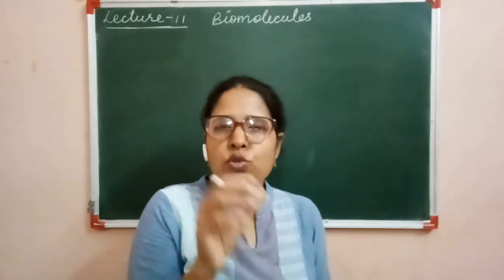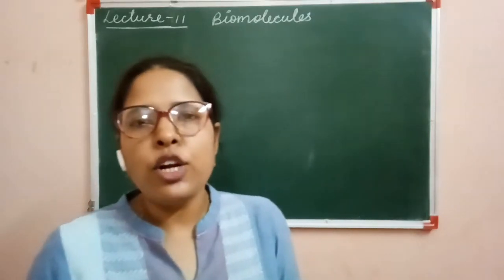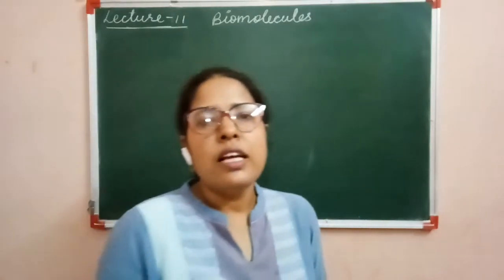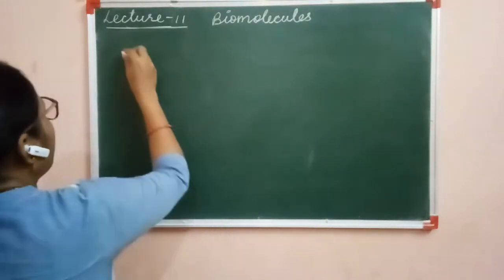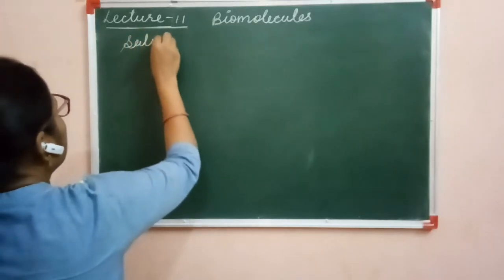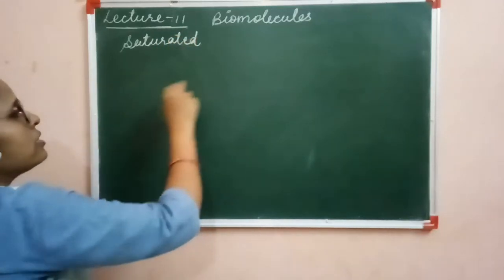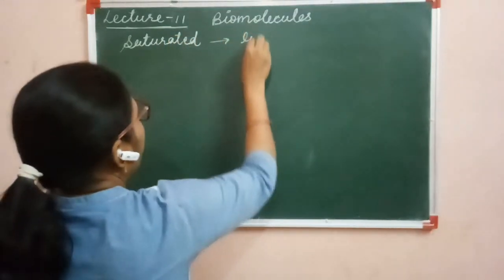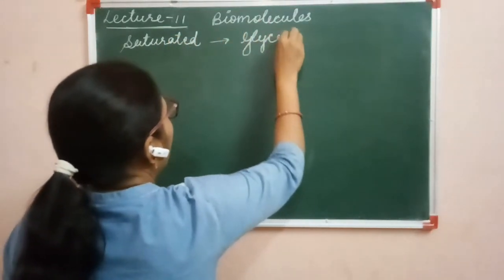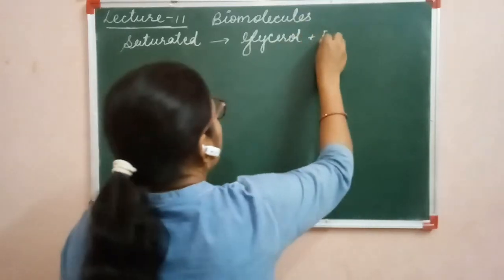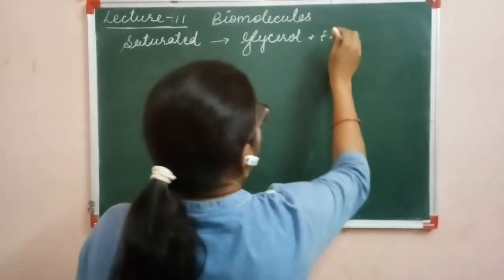The true fats are basically divided into two categories, saturated fats and unsaturated fats. The saturated fats are made up of glycerol plus fatty acid. Clear?